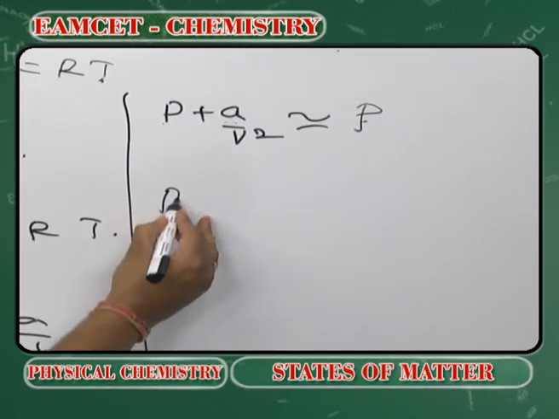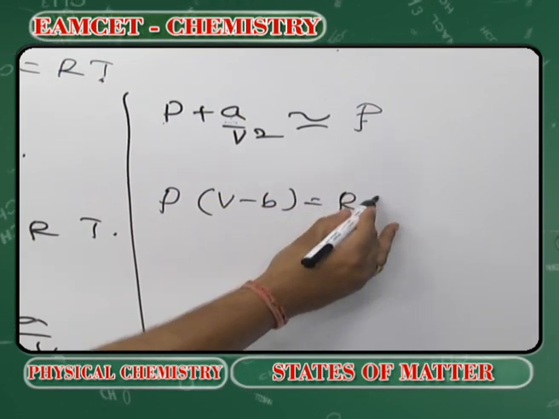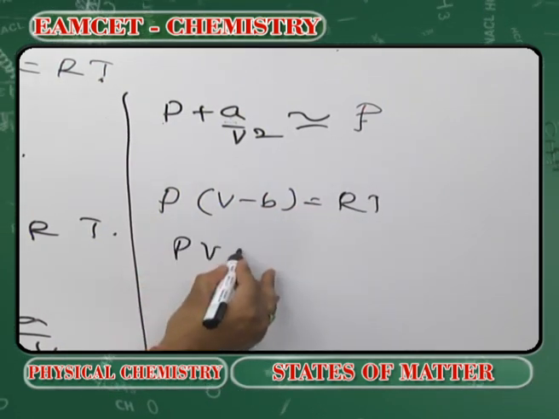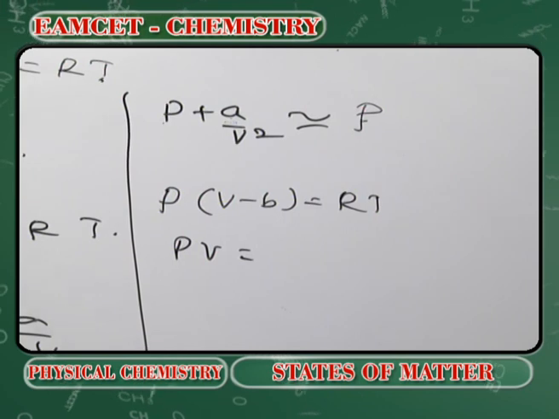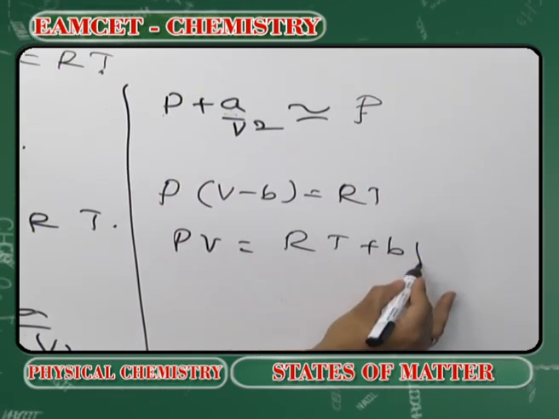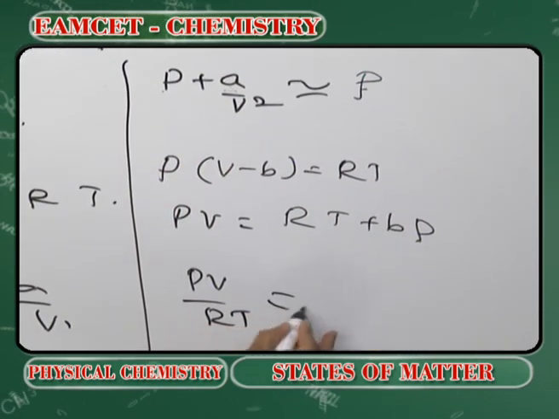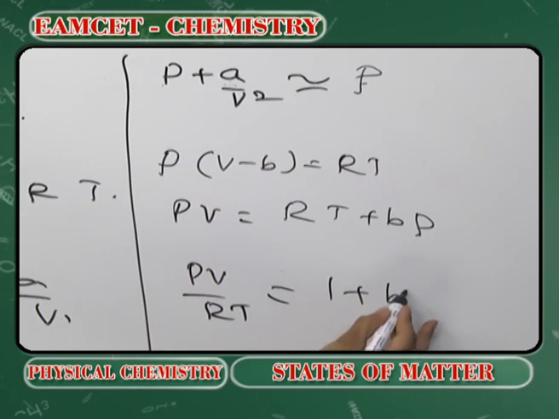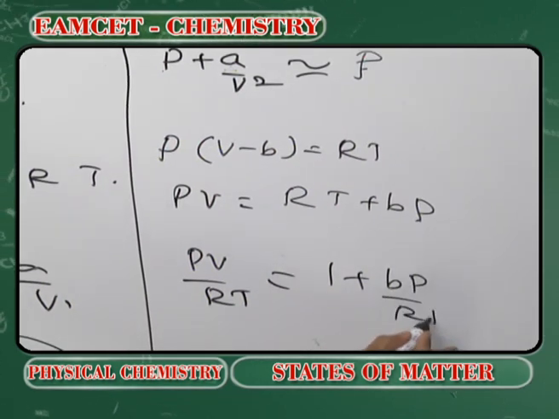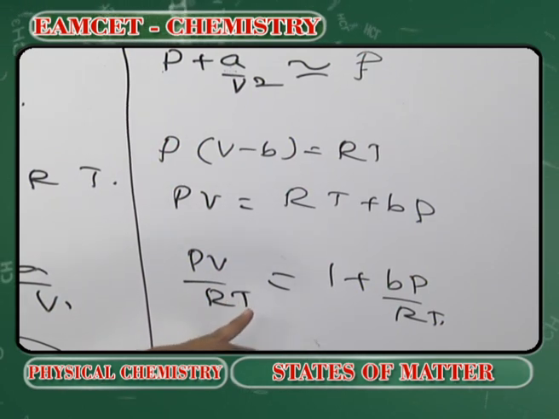Then the equation takes the form P(V − b) = RT, and PV = RT + bP, so PV/RT = 1 + bP/RT. So at high pressures, Z value will increase with increase in the pressure.